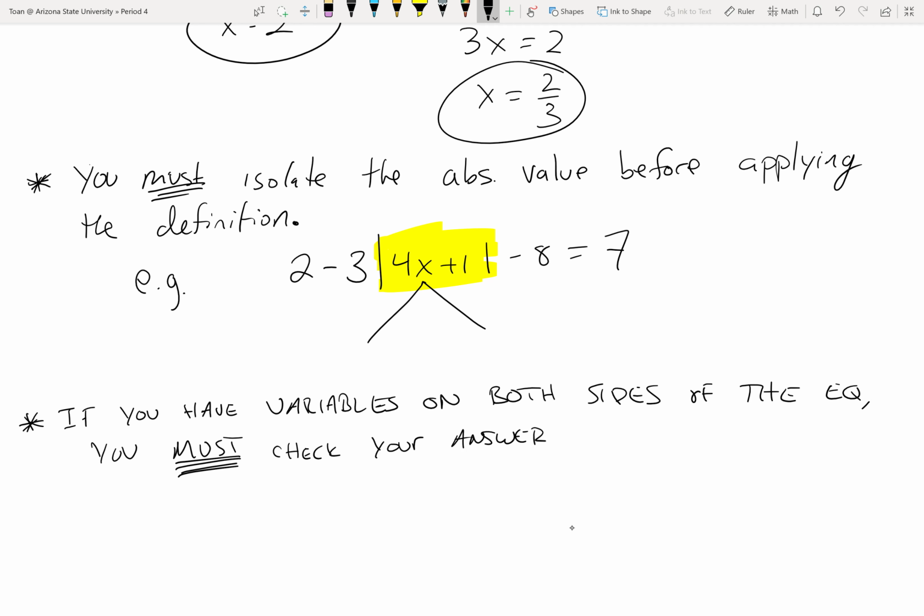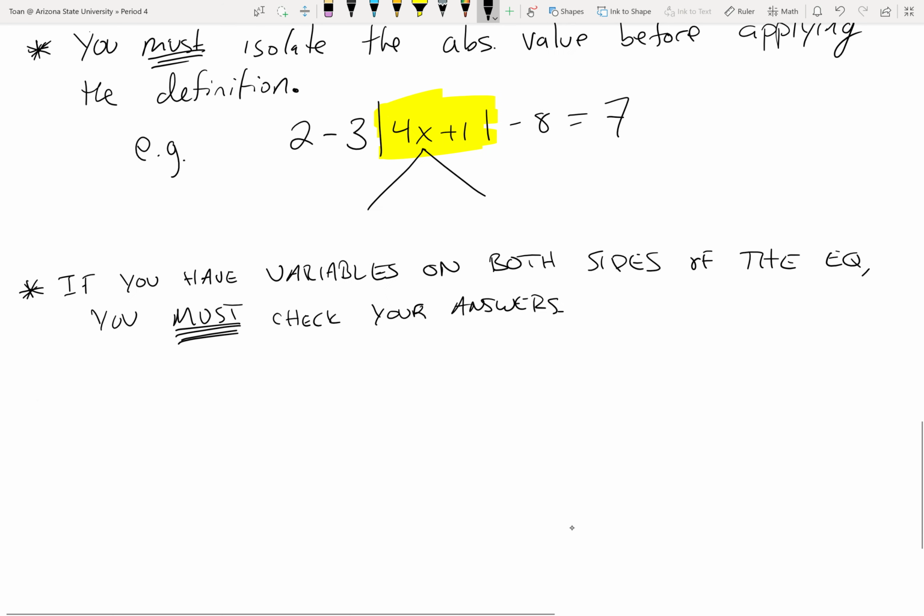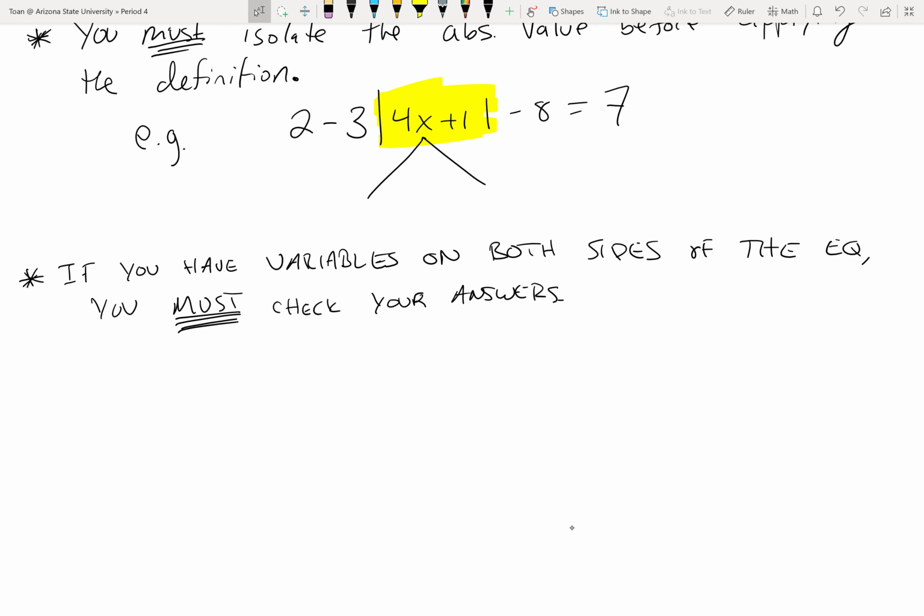Because it is possible that you get answers through good, valid math steps, but once you plug it back into the equation, it just doesn't work out. And that only happens in this situation if there are variables on both sides. So just be wary of that. If you're solving an equation that has variables on both sides, just take a quick second, plug them back in to check.